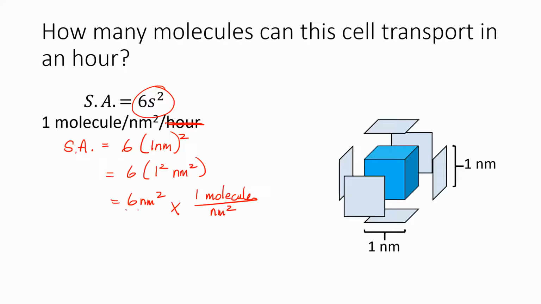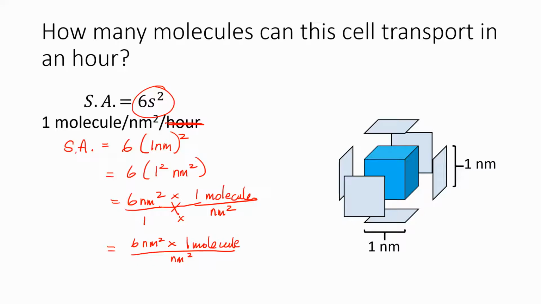Now, you can treat this as multiplying 2 fractions, and when you multiply fractions, you multiply across the top and across the bottom. So this turns into 6 nanometers squared times 1 molecule divided by nanometer squared.